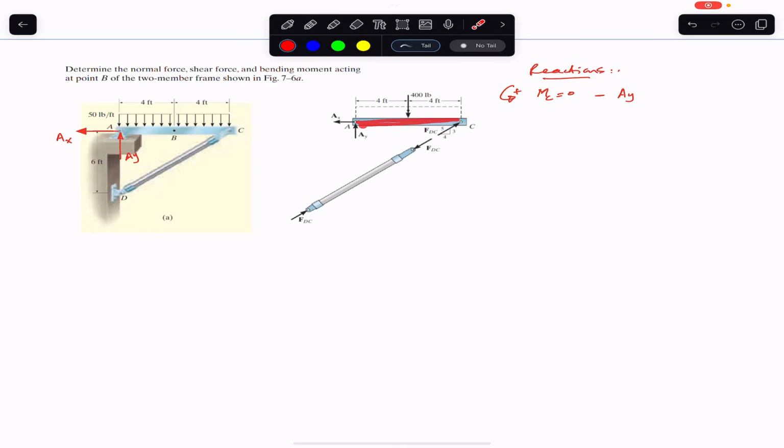So we will multiply this AY with 8. So that is 8 AY, where 8 feet is the moment arm of this AY support reaction.